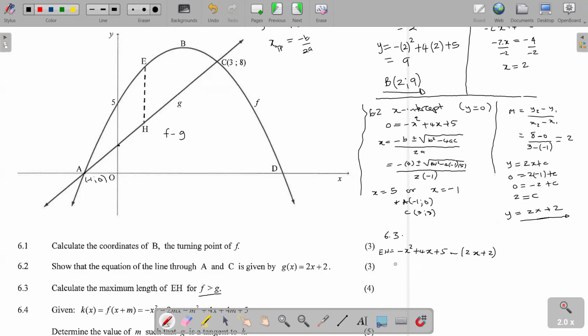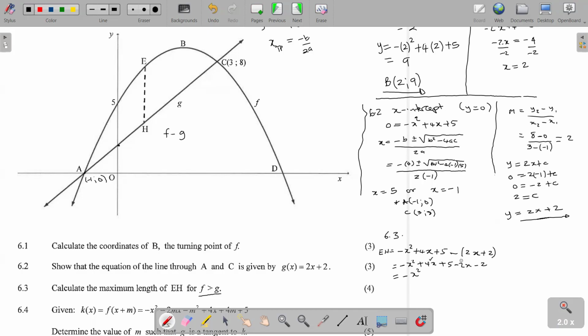So it's going to be equal to minus x squared plus 4x plus 5 minus 2x minus 2, when this negative multiplies this bracket. So this becomes minus x squared.